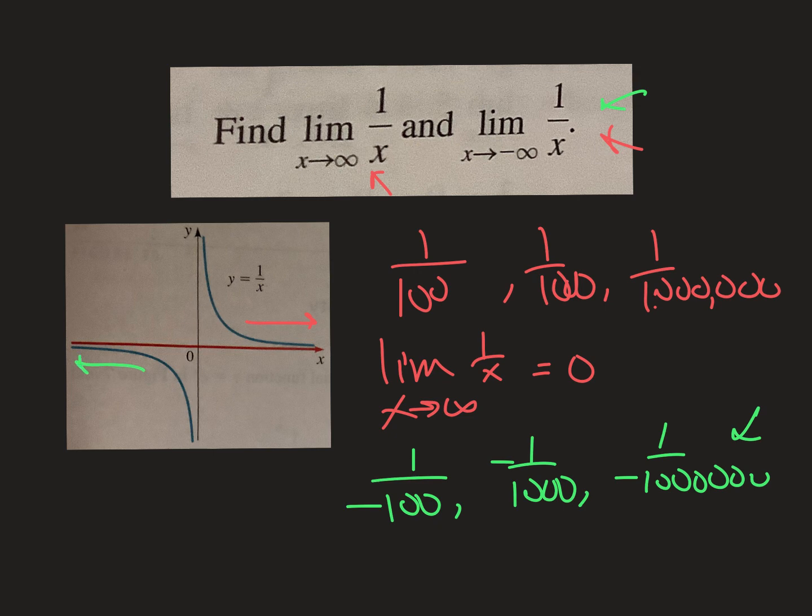As the graph is going left to infinity, it's also getting closer and closer to the x-axis, which means the limit as x approaches negative infinity of 1 over x, that's our function, is also 0. Both of those are 0 because they both approach 0 as you use arbitrarily humongous numbers.